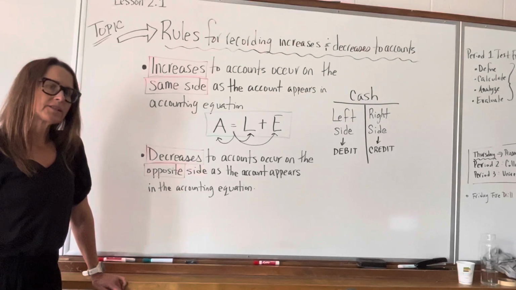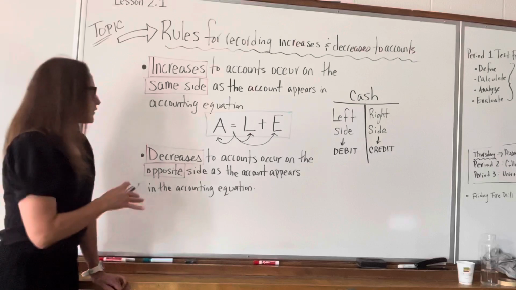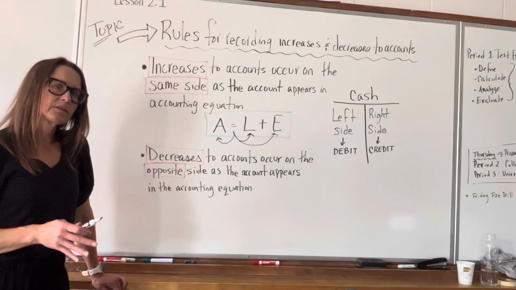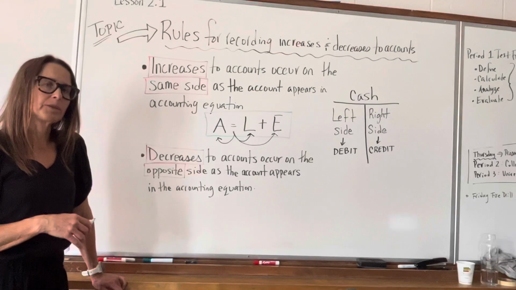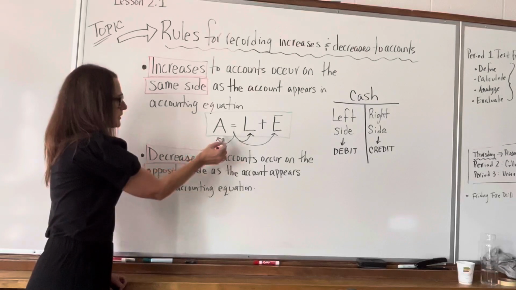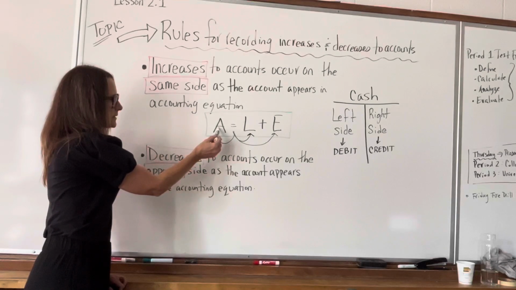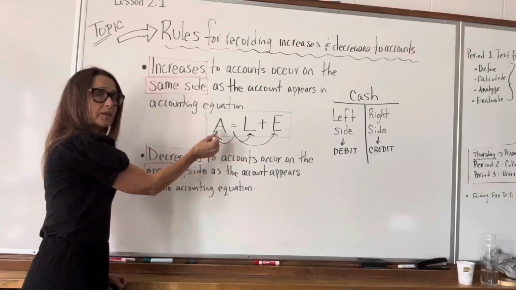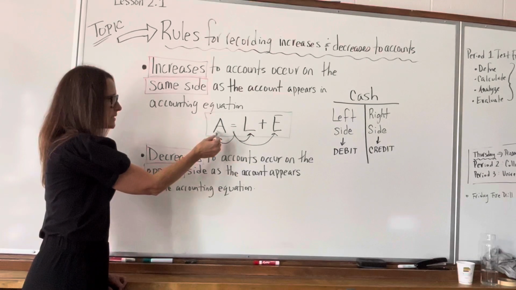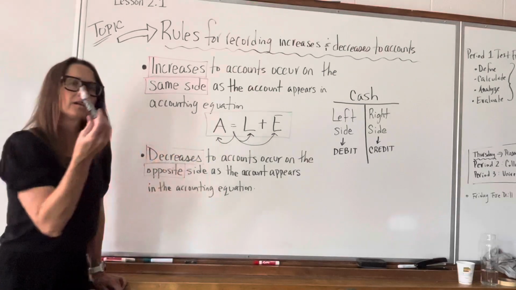For the decreases, it's the opposite. So you will record a decrease to an account on the opposite side that it appears in the equation. The opposite side for assets, which are on the left, is the right. So the opposite side for assets is a credit.